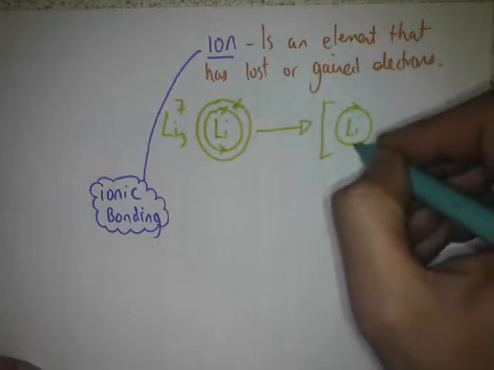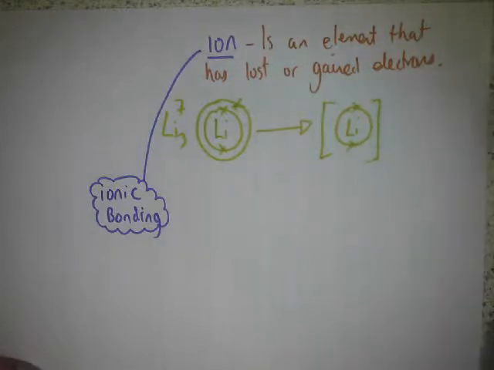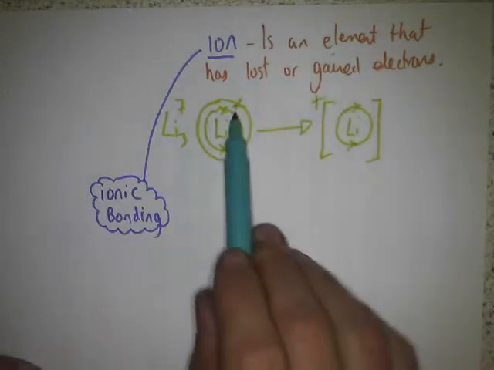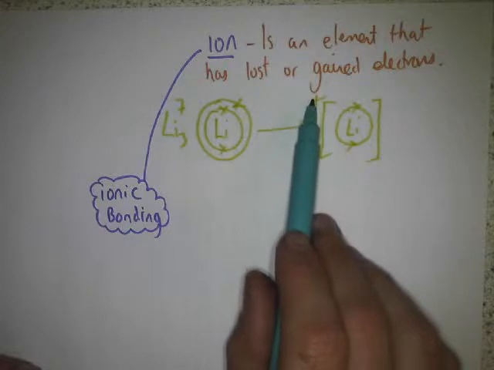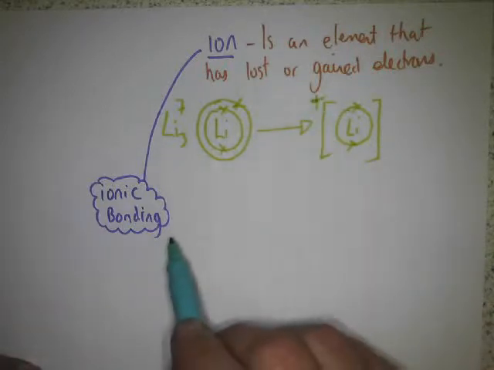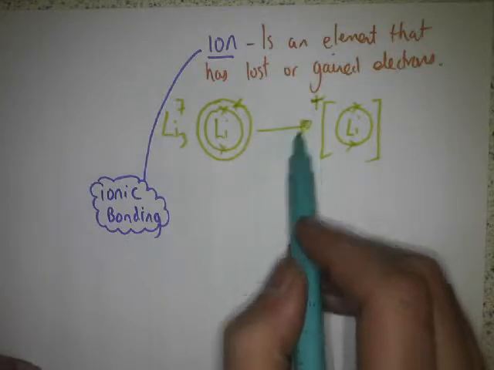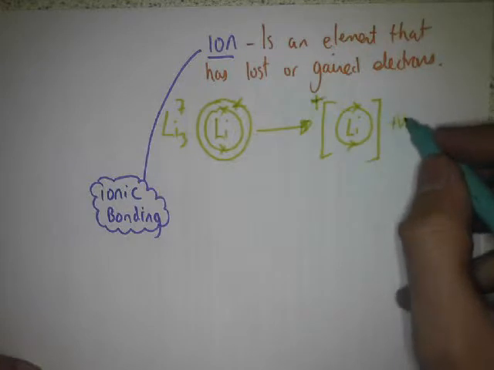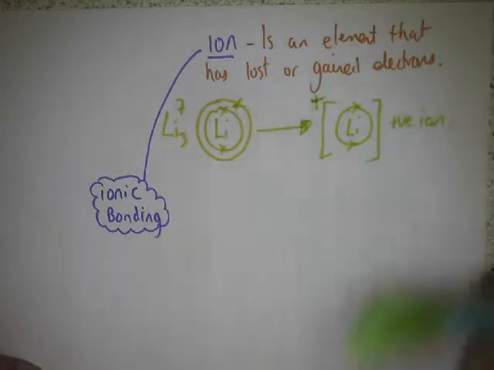But when that takes place, we need to put brackets round, and we need to put a plus. So it's lost 1 electron. So that's now a positive ion.